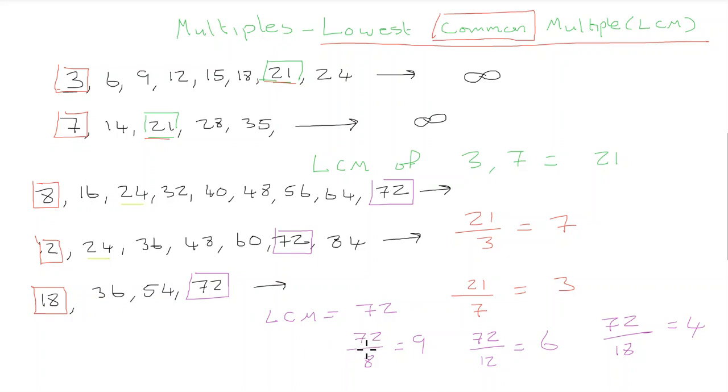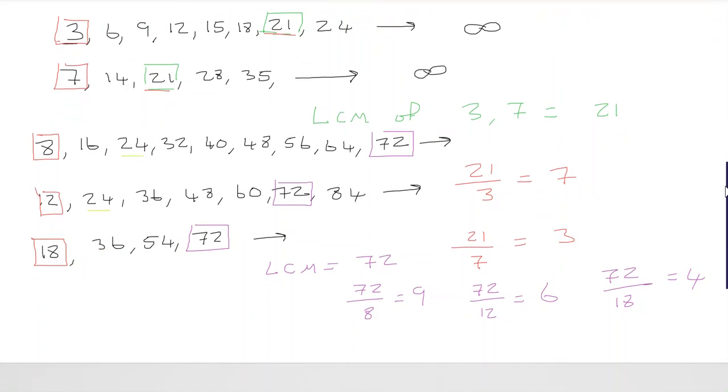I suppose the definition of it then would be: the lowest common multiple of two or more numbers is the smallest number into which each of the numbers will divide. Okay, so that's the actual definition, and it might be worth writing that out.